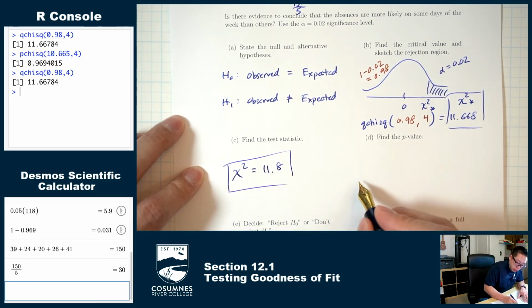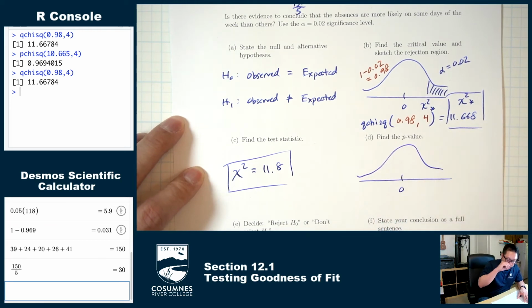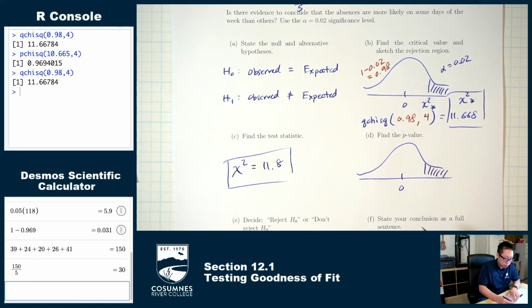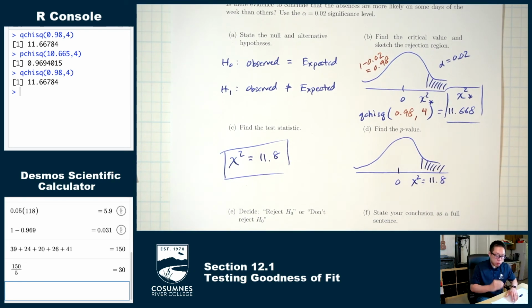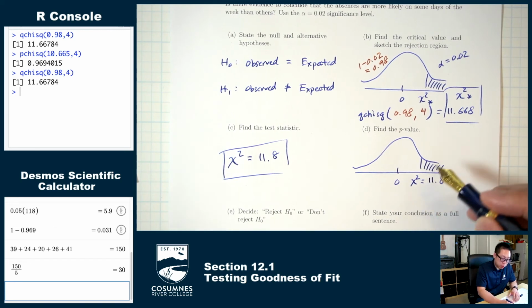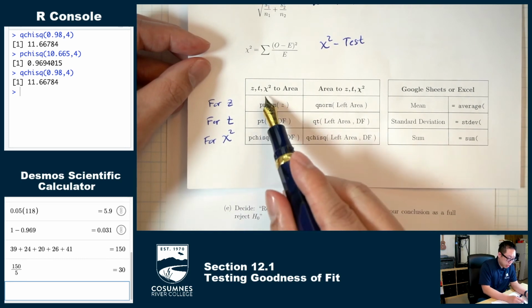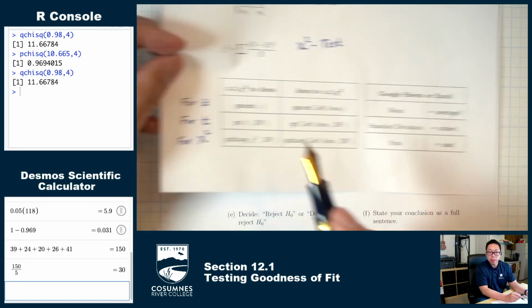Part D, draw your picture. Chi-square is always going to be shaded to the right. Put your test statistic on your picture. And your job here is to find the shaded area, that's the p-value. This is a chi-square to area problem. Chi-square to area for the chi-square situation is going to be p chi-square df.